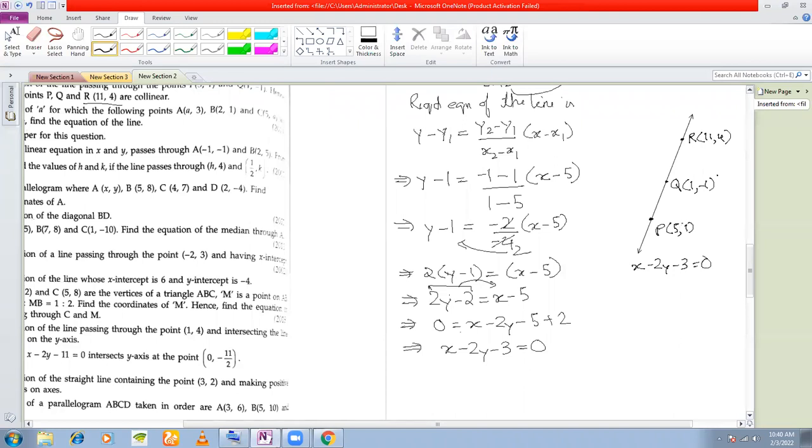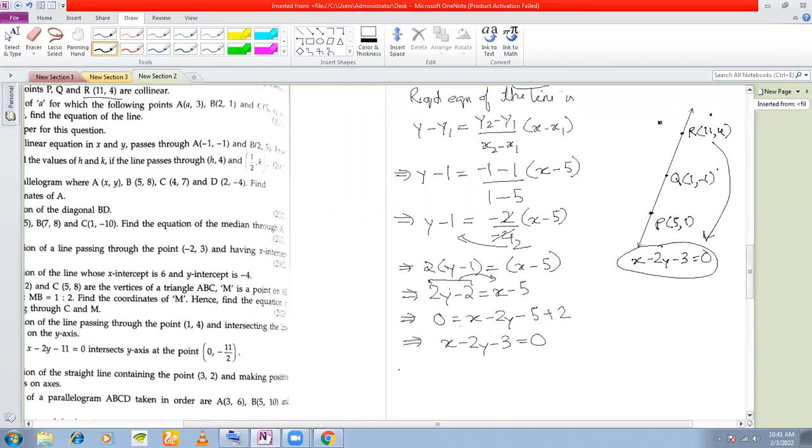Now see, if R is on this straight line, then R must satisfy the equation of this line, right? Only then I can say that R is also on the same straight line. Otherwise R can be here or R can be here, right? So let's see whether the coordinates of R satisfy this or not.